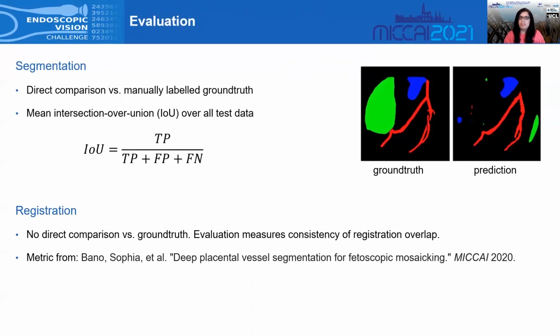But in terms of registration, since no ground truth is available because these videos are recorded in an in vivo setting and from a monocular camera, we looked into evaluating the consistency of the registration overlap. We used the metric that we presented in our last year's MICCAI paper for the purpose of quantitatively evaluating the registration.